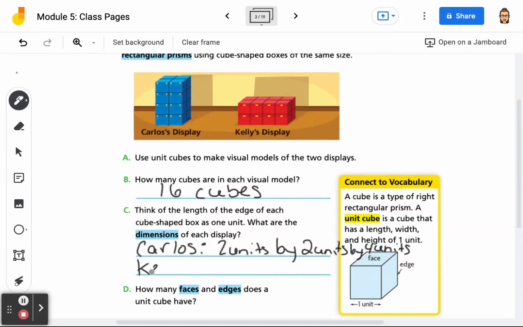And Kelly is going to be 4 units by 2 units by 2 units.